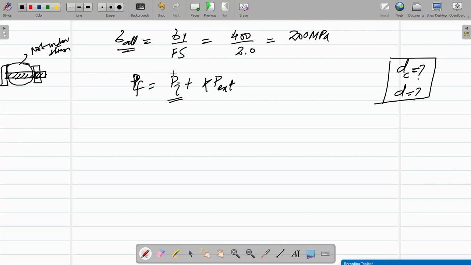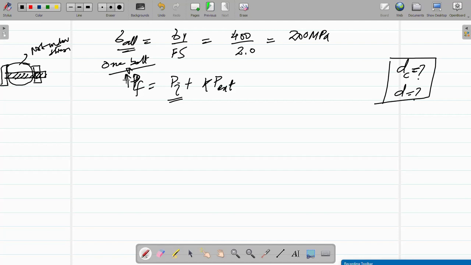Now this is a very interesting concept here. This is the load on one fastener, one bolt.